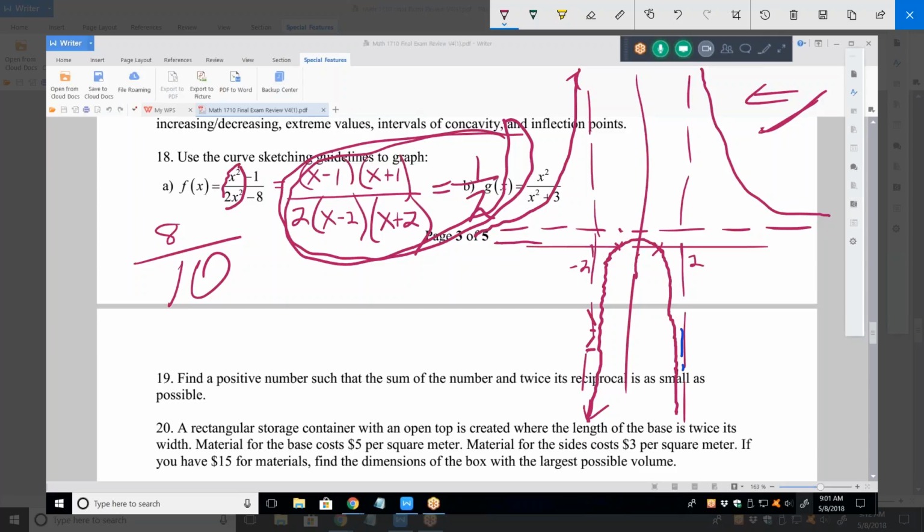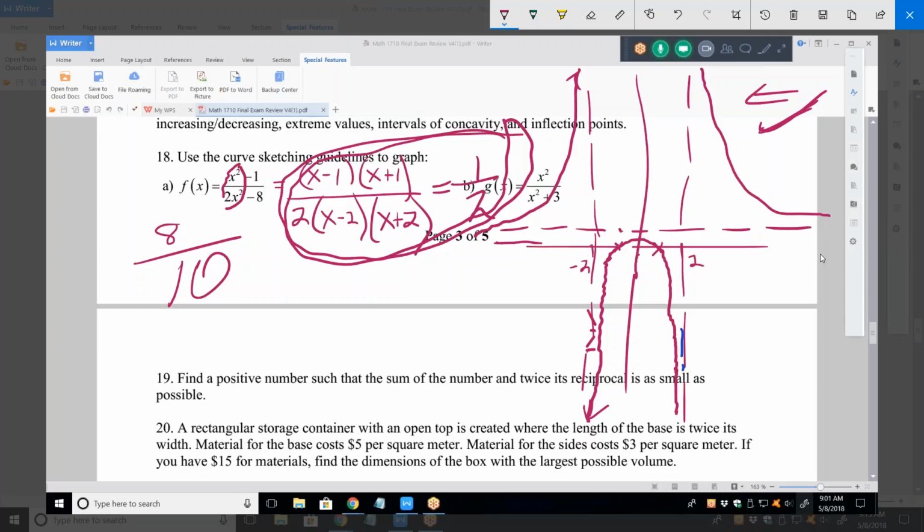You got to know the rules for both of those. And then you got to figure out whether there are any x-intercepts and whether it crosses the horizontal asymptote, and make sure that your curves are in the right quadrants. Once you do all of that, the curve kind of draws itself. Okay.